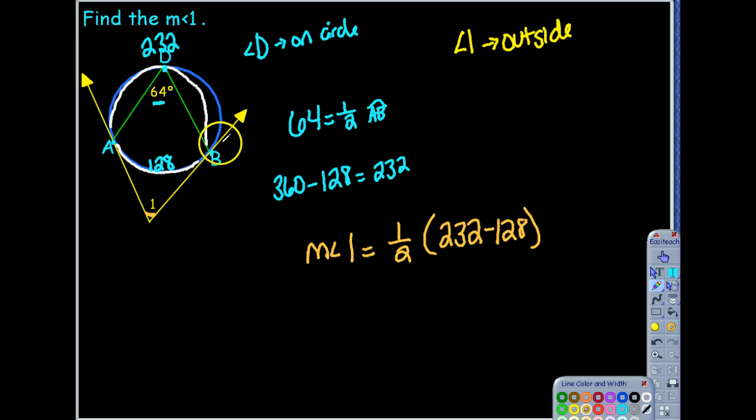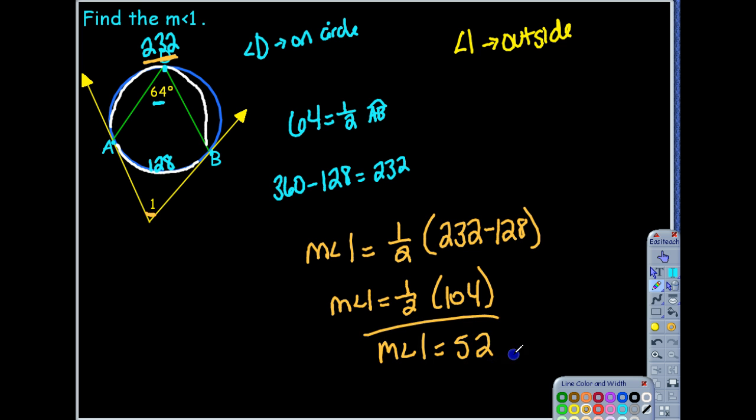But because we know that those 2 arcs together make up the entire circle, it's easy to find that second arc, and now we can do half the difference. What do we end up with for the measure of angle 1? It's going to be half of 104, which ends up being 52. And that's what they've asked us to find, the measure of angle 1. So we're good to go.